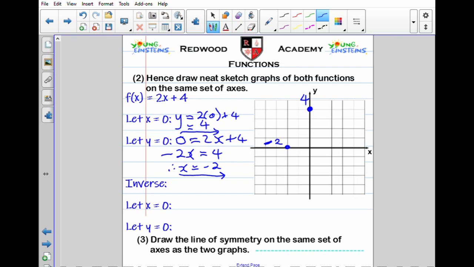All right, and they want me to draw a graph of that, right? So I'm going to get my line. I normally don't draw very straight lines, so I'm going to use this on the smartboard. Okay, and I'm going to draw a line.